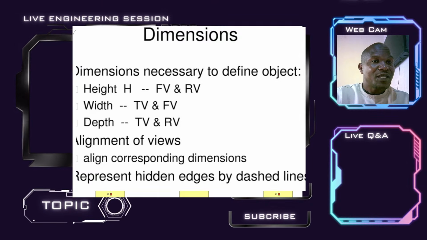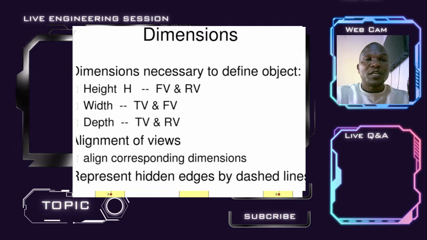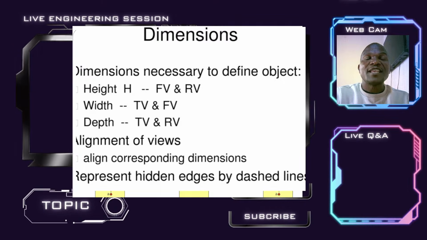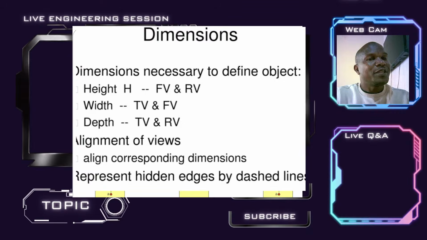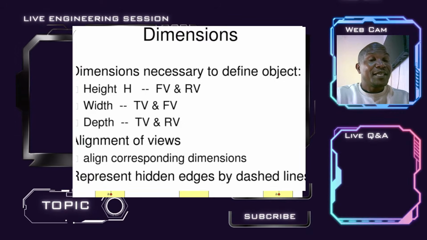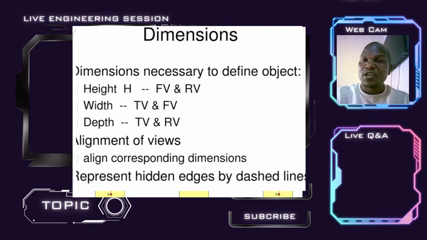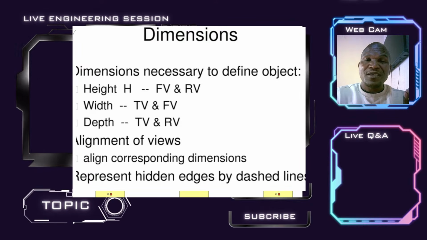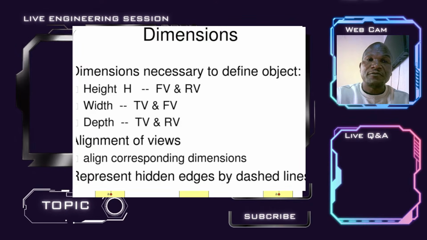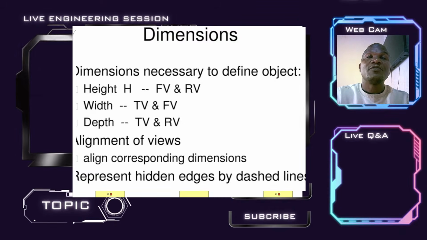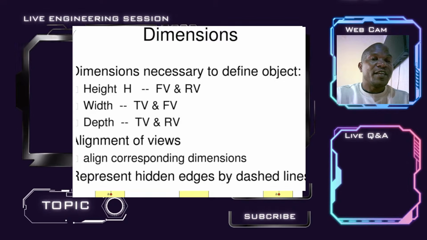It's also of utmost importance to align the views in their corresponding dimensions. And to pay attention to hidden features and edges by the use of the right line types.